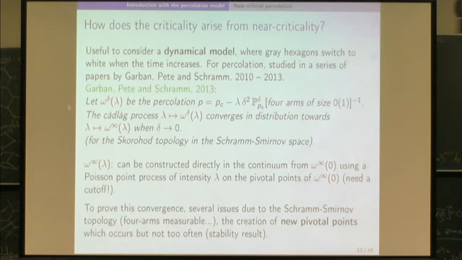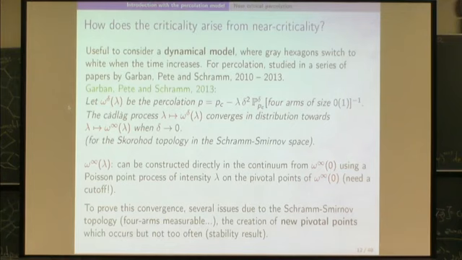The main issue is that you can create new pivotal points when you do this procedure. I said that to construct this continuum process, I just use the pivotal points at the starting time. But what happens is that when you switch the color of some hexagons, you create new pivotal points. It's quite easy to create new pivotal points, and you will create many of them.